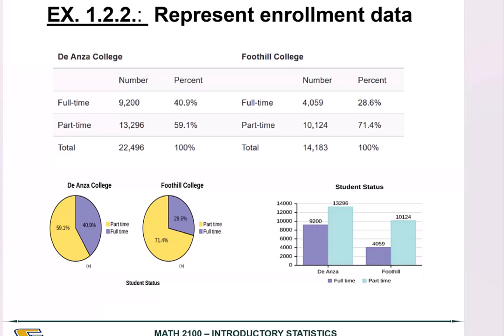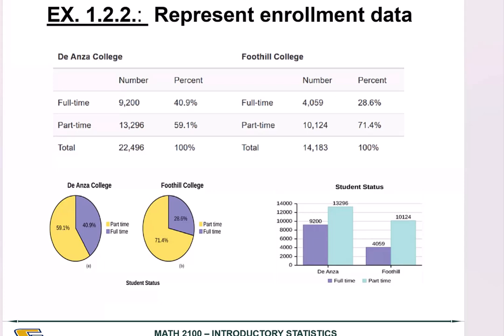In total they have 22,496. You can translate it to percent: full-time is 9,200 divided by the total, which gives 40.9%. Part-time is the remaining 59.1%.